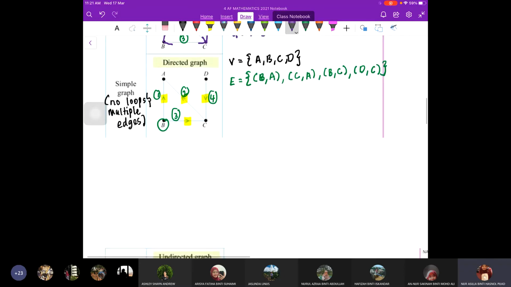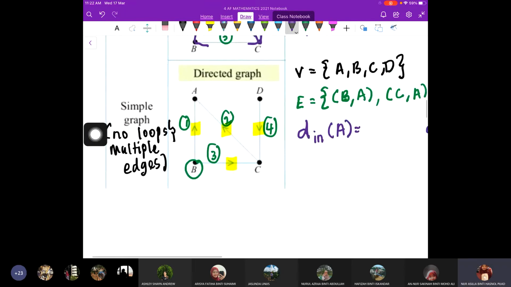Okay, fokus. So kita fokus kepada D in untuk A. So berapa yang masuk, D out untuk A. Berapa yang keluar. So A, if you see A, okay, saya besarkan. Both are coming in. Dia tak ada yang keluar.